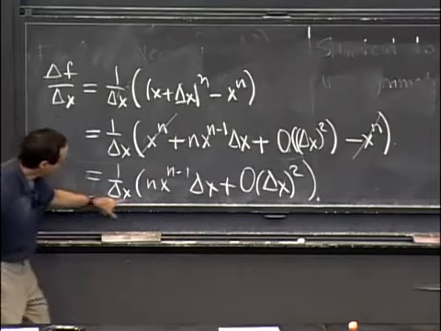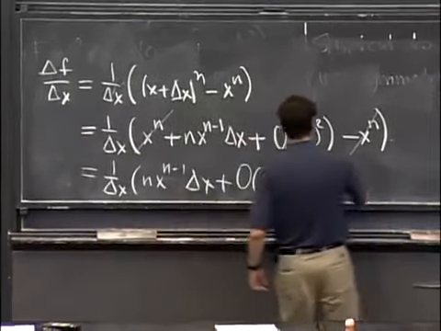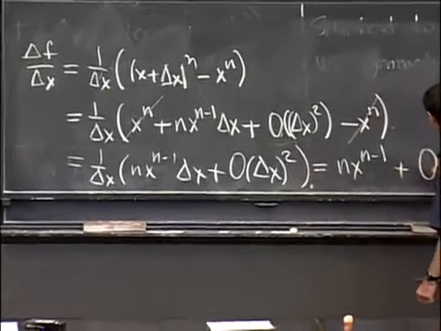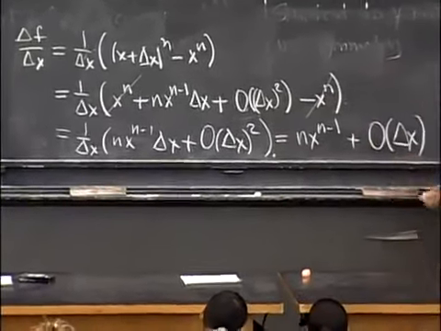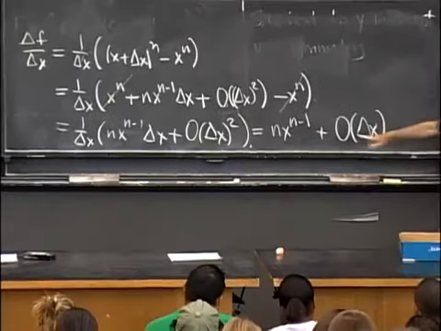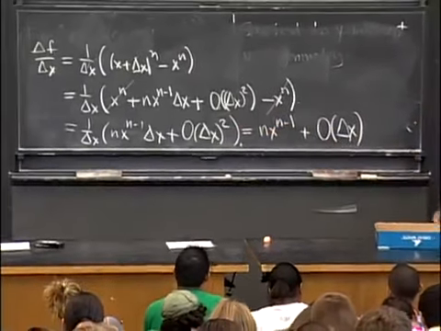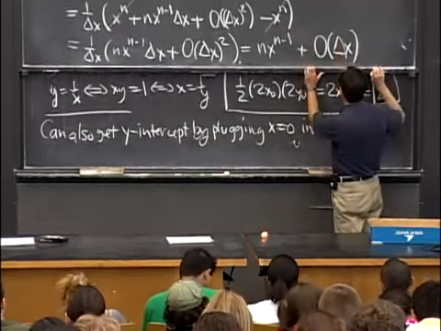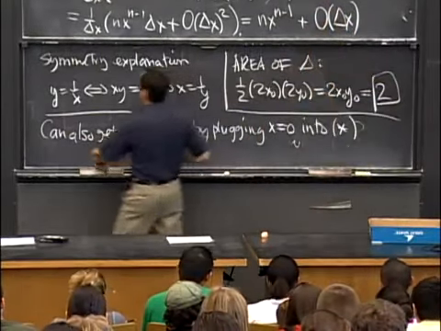And now I can divide in by delta x. So I get n x to the n minus 1 plus, now it's O of delta x. There's at least one factor of delta x, not two factors of delta x, because I have to cancel one of them. And now I can just take the limit. In the limit, this term is going to be 0.